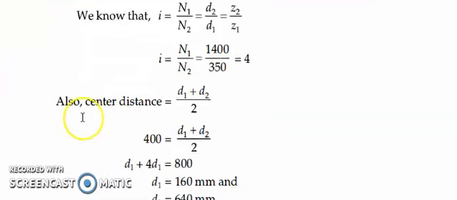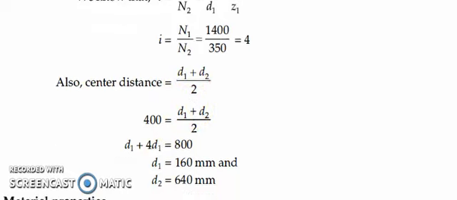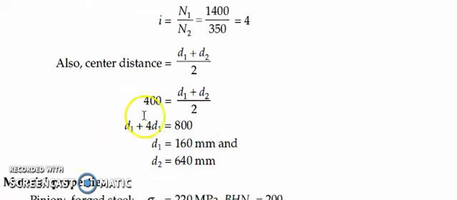The center distance is also given, that is 400 mm. We can write it as (d1 plus d2) divided by 2, and the value of d1 we can calculate using this equation because the value of i is calculated, that is 4. Using this equation we can find d1 and d2, that is equal to 160 and 640 mm.